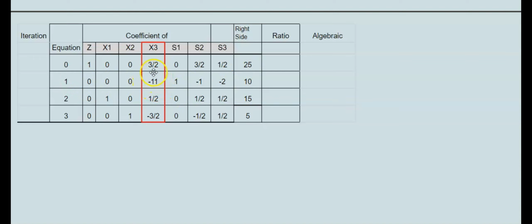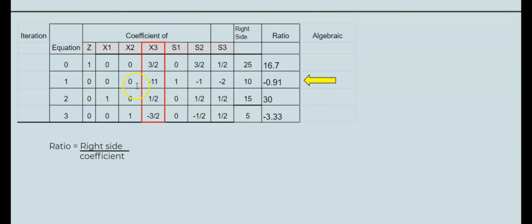This is what we need right here to become a positive 1. So going on with the process, I do my ratio test on each one: 25 divided by 3 over 2 gives us 16.7. 10 divided by negative 11 gives me negative 0.91. 15 divided by half gives me 30. 5 divided by negative 3 halves gives me negative 3.33.